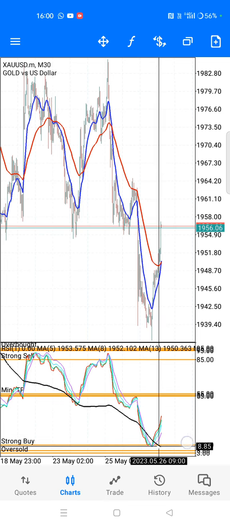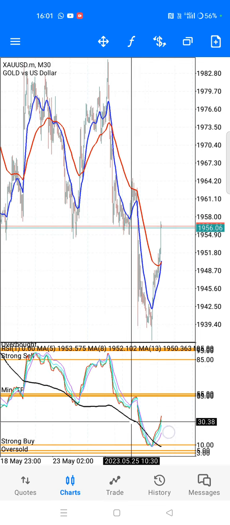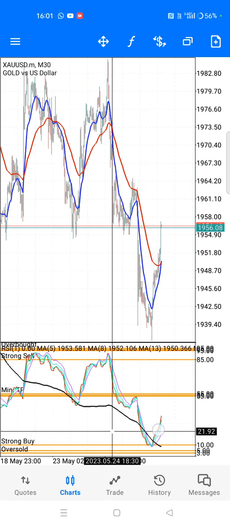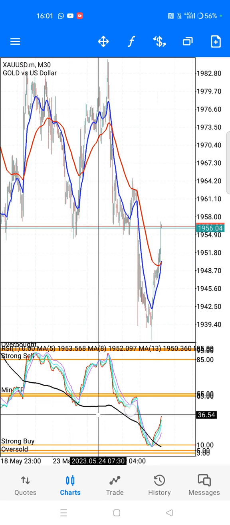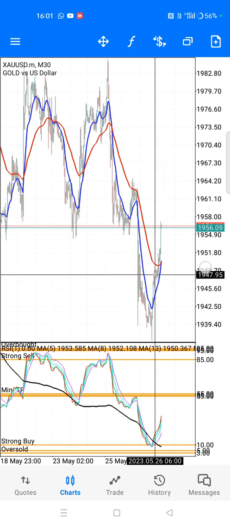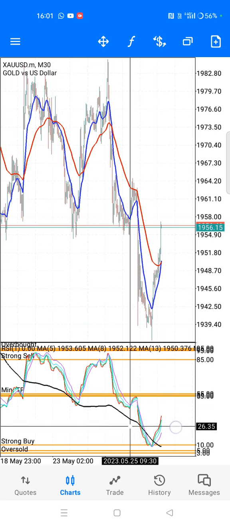moving averages. Why did I tell you to let the rest of the moving averages be thin, but the 200 to be thick? Let me tell you why. Once this has crossed, you look at this chart.